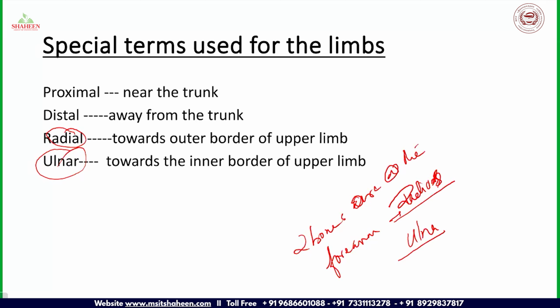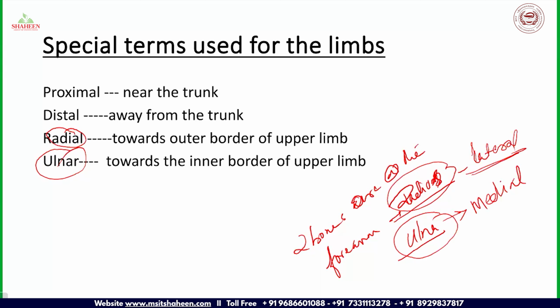Which one is medial and which one is lateral? Ulna is medial. We already said what is medial and what is lateral. Anything towards the median plane is the medial one, and away from the median plane is the lateral one. So ulna is towards the median plane, so that is the medial bone, and this is the lateral bone.